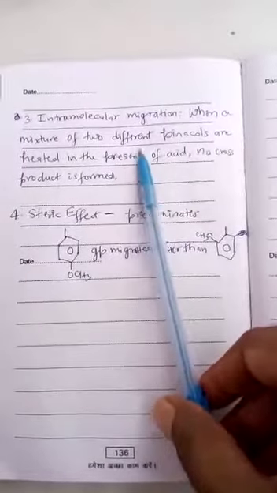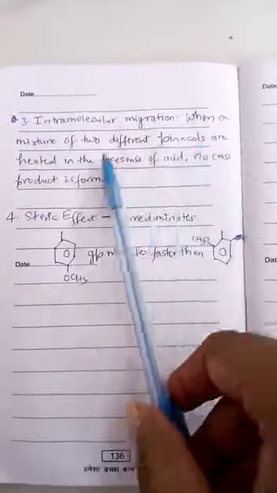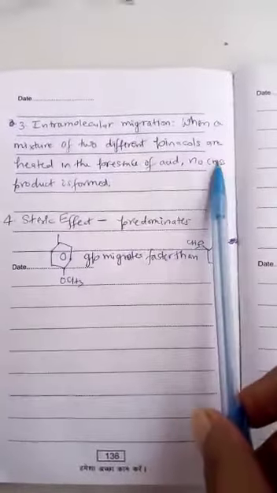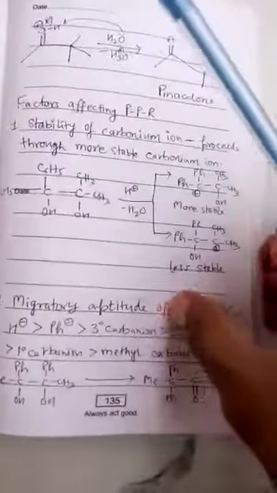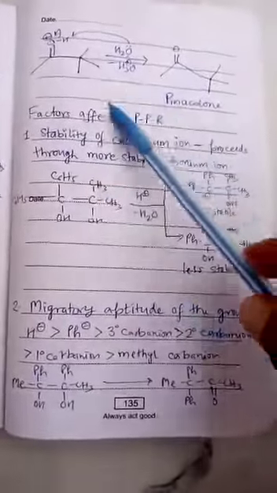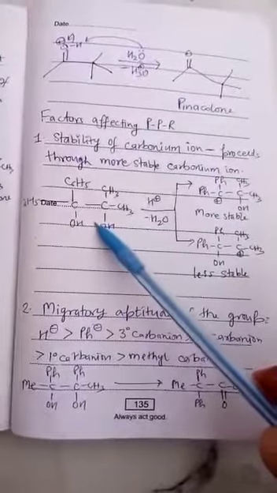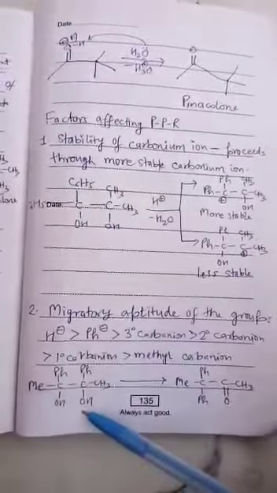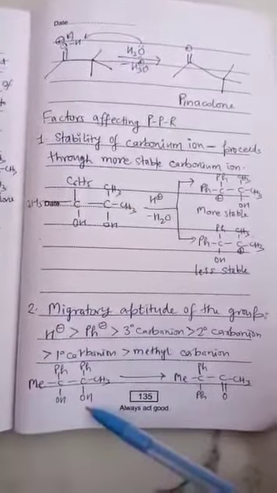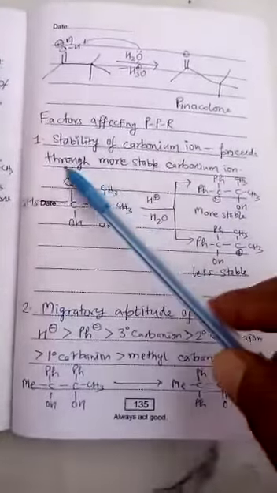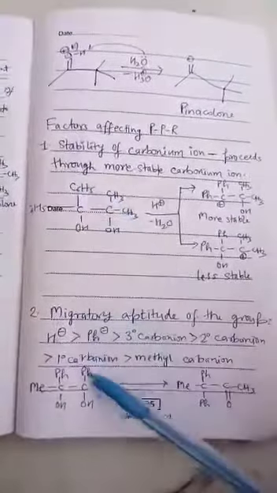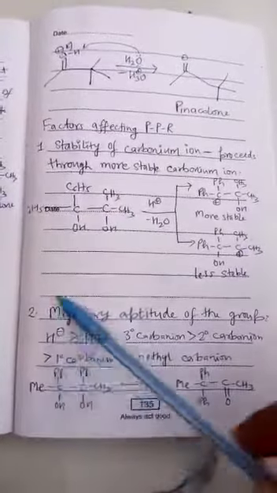Another factor which affects Pinacol-Pinacolone rearrangement is intramolecular migration. It means when a mixture of two different pinacols is heated in presence of acid, no cross product is formed. What is the meaning of cross product? Let's see. Suppose in a reaction vessel, we take this pinacol and this pinacol. The product will not be mixed with this one, which means CH3 will not migrate from here to here or from here to here.